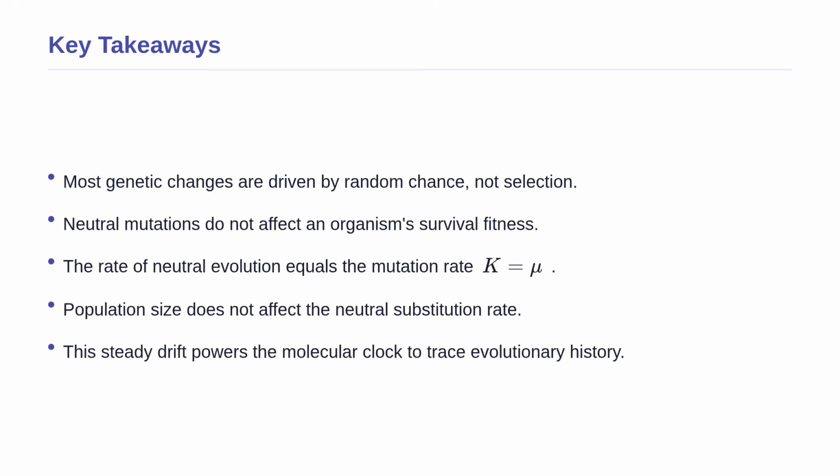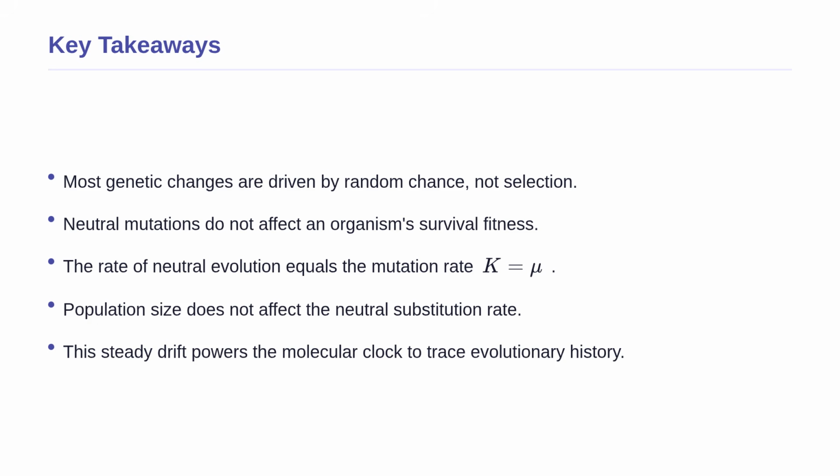Second, we proved mathematically that the rate of neutral evolution is exactly equal to the mutation rate and is completely independent of population size. Finally, remember that this steady, predictable ticking of neutral mutations acts as a molecular clock, giving scientists a powerful tool to trace the history of life on Earth.